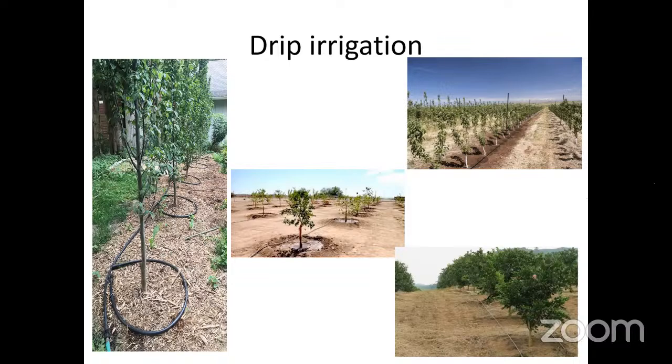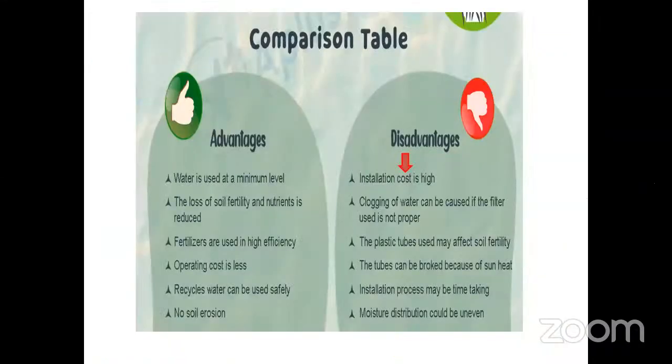There is a comparison here of the advantages and disadvantages of the drip irrigation system. If we compare it with the other irrigation systems, surface or sprinkler, the water use efficiency for drip irrigation is almost more than 90%, while for sprinkler it is 85%, whereas for surface it is about 70 to 75%.